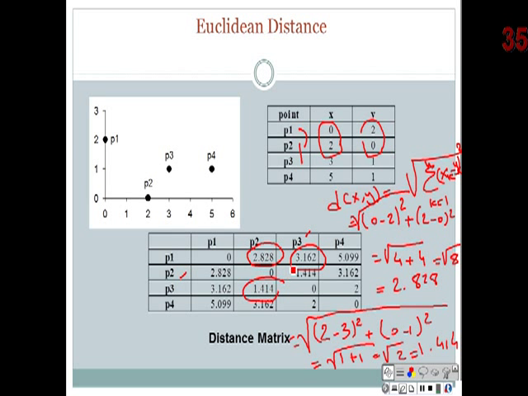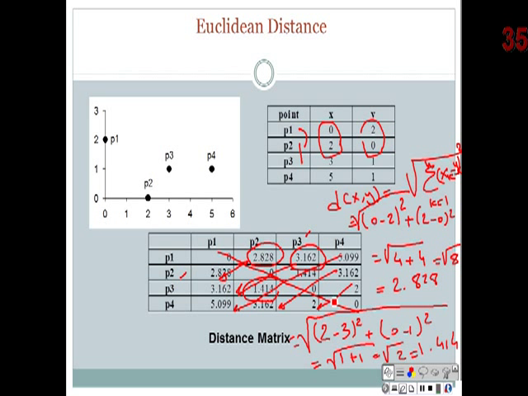And as you can see, the matrix is symmetric, and any two points are symmetric, and you can see the equivalence of both sides, and this is a typical feature of Euclidean distance.